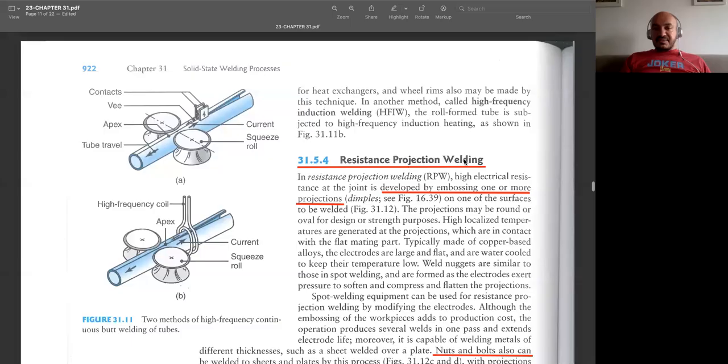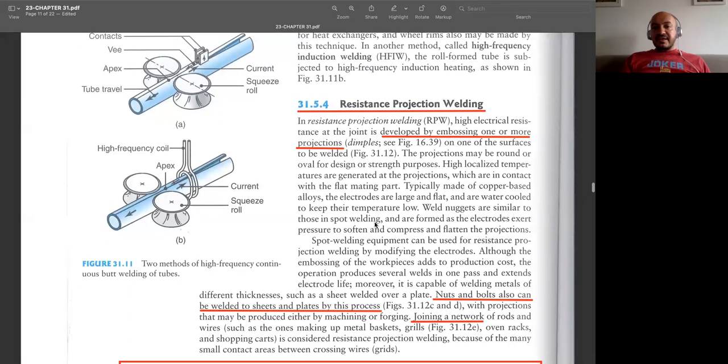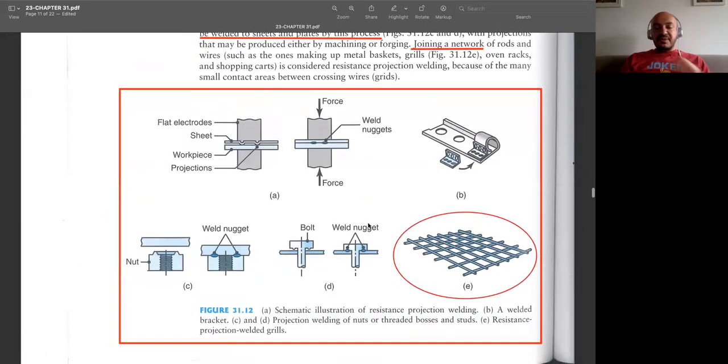Then we have resistance projection welding, and this is a very nice process for complicated products. If you have many regions to be welded, then you may consider using resistance projection welding. Let me talk over this schematic. Here you see we have two parts to be joined together, but if you look at it carefully, we have some projections. There are two projections, so if we apply current, what will happen?